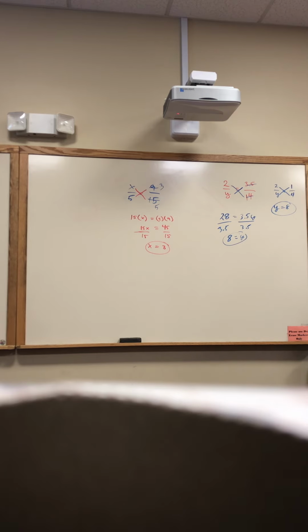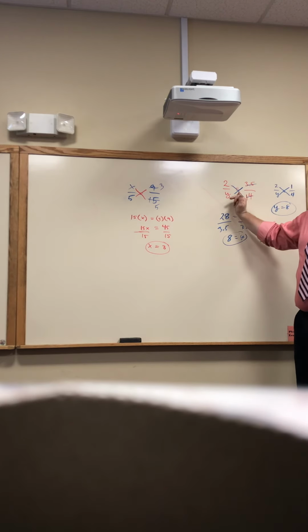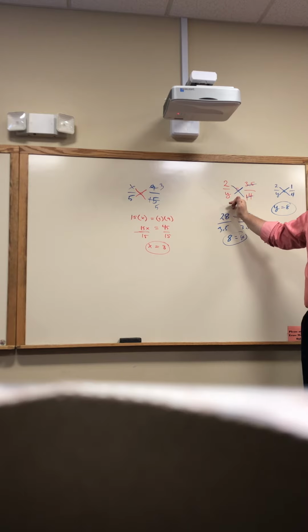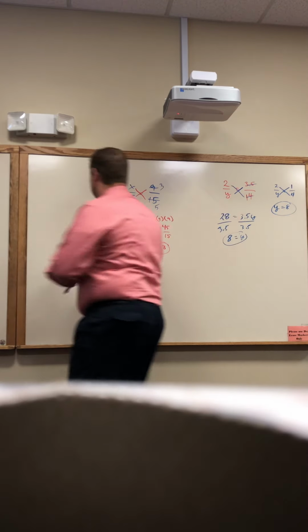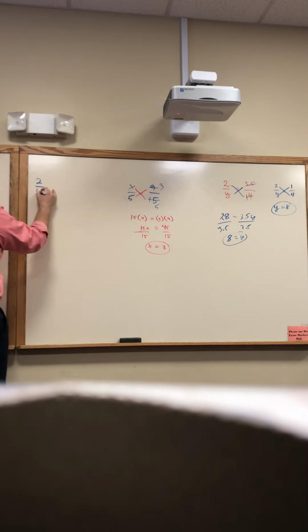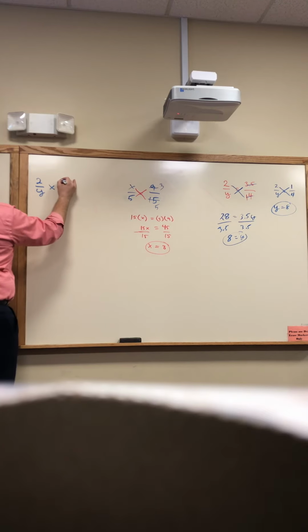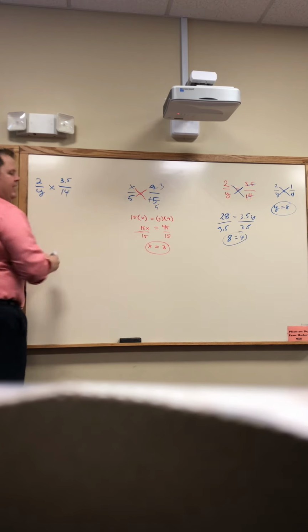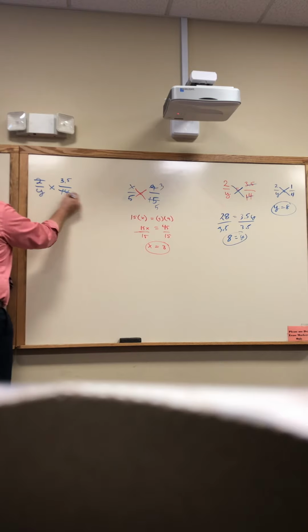Are you able to reduce 2 and 14 across from each other? No. That's a good question. The reason is because you're going across an equal sign. It doesn't work if you cancel. If this was 2y times 3.5 over 14, then yes.